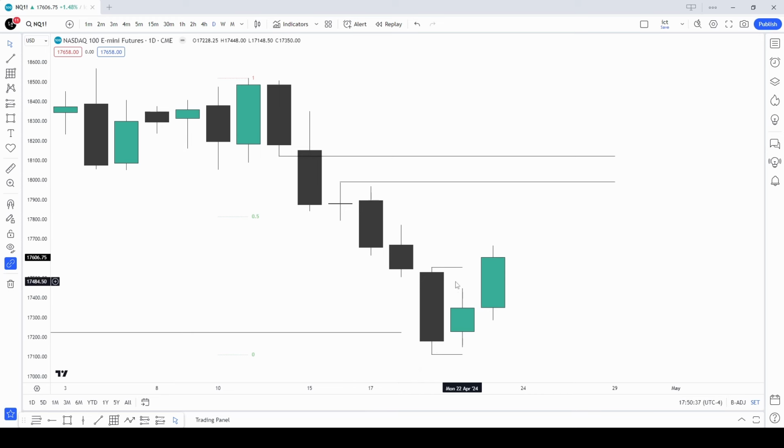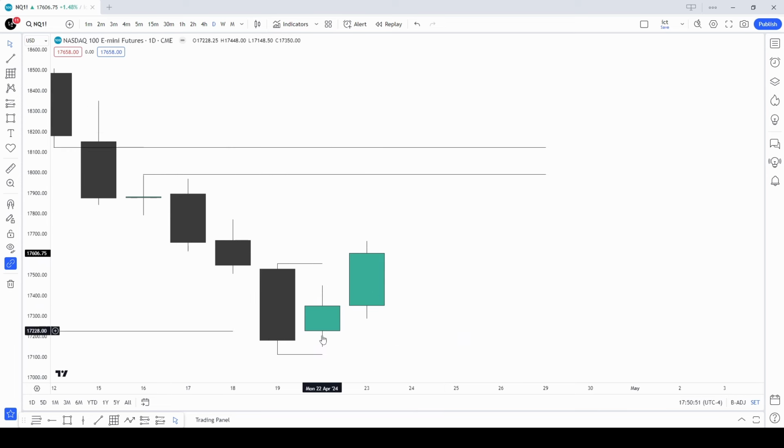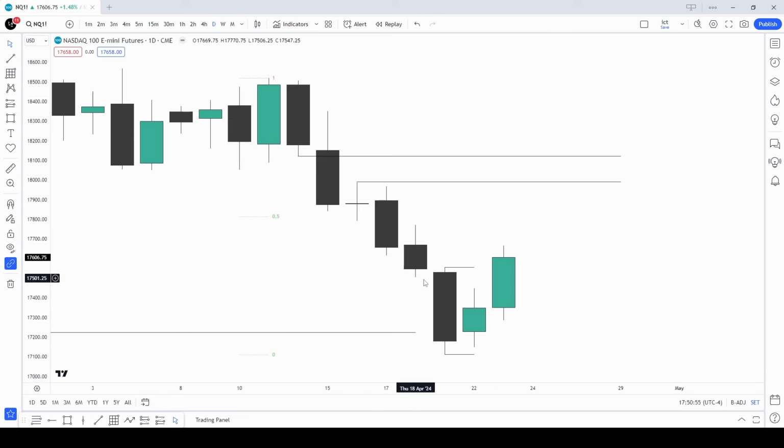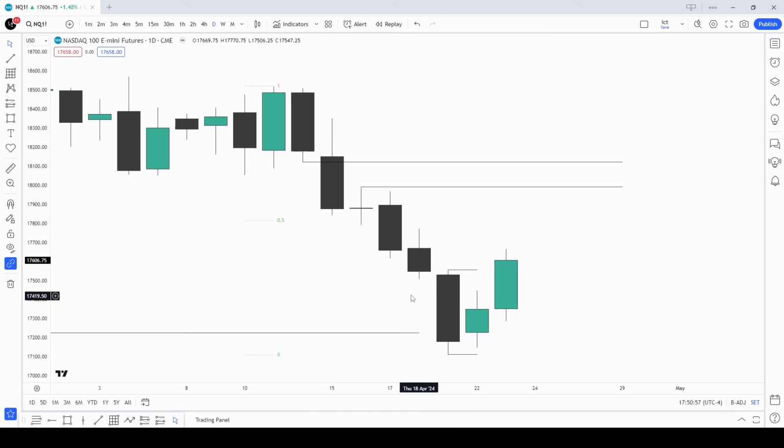We printed an inside day where Monday's price action closed inside Friday's whole candle. So within this, we didn't take out buy side above the previous day high or sell side below the previous day low. Instead, we wicked about, consolidated, and closed within it. Now, this gives us a range to work within.